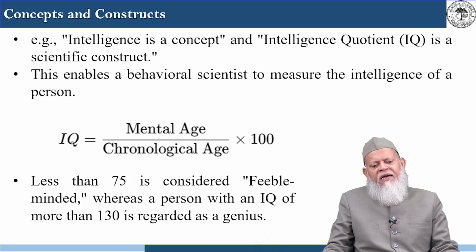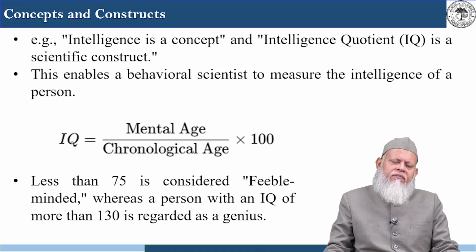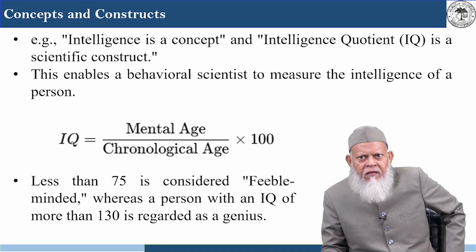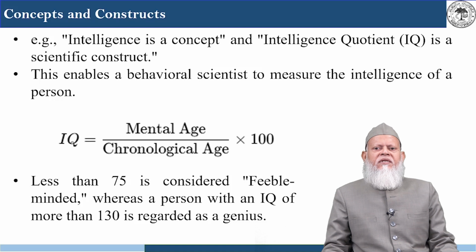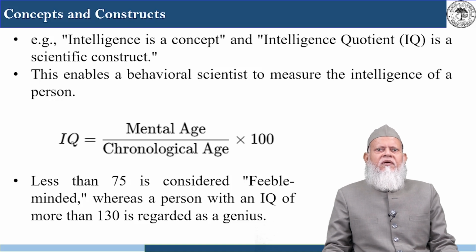We can understand the constructs further through an example. We take the example of intelligence. Intelligence is a concept, no doubt. It has an idea, it has a definition. Immediately, we come to understand about intelligence whenever somebody refers to it.